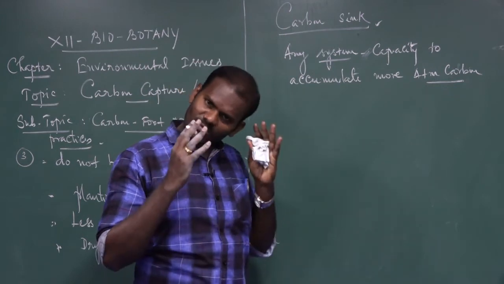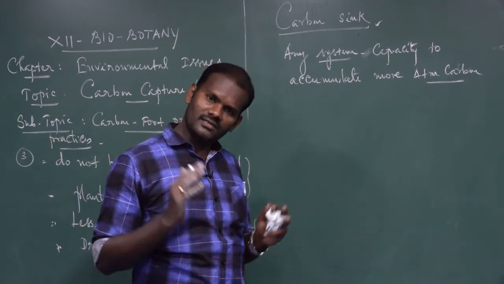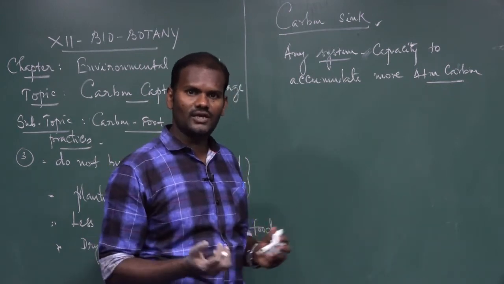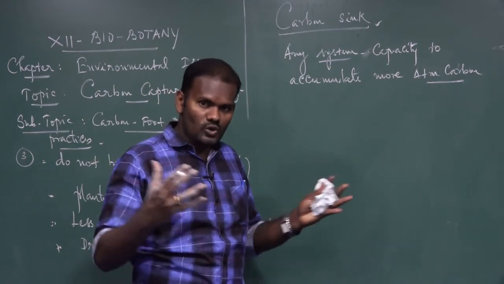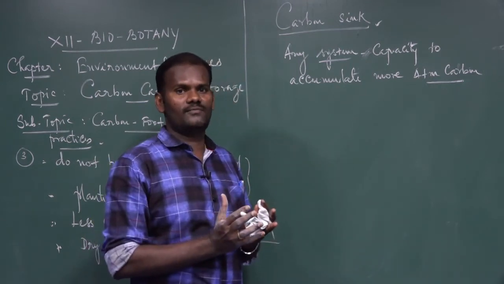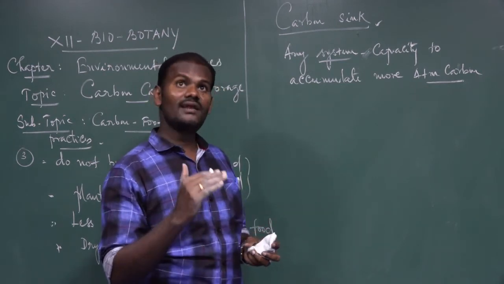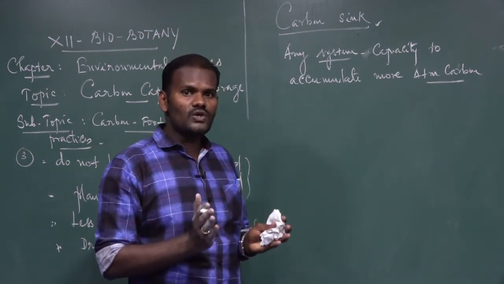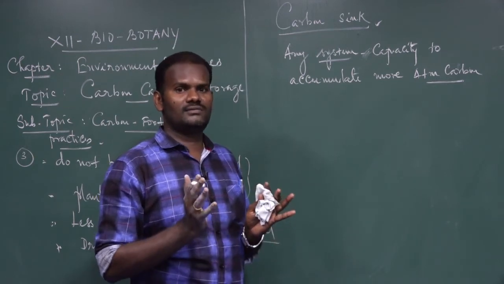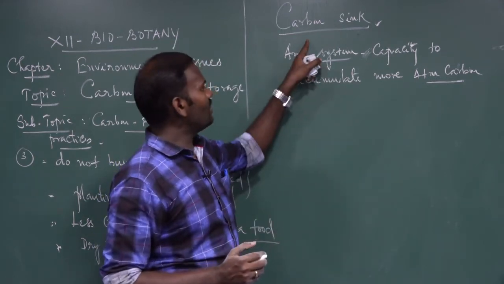Any system, either naturally or artificially, that has the capacity to accumulate, to store more of the atmospheric carbon instead of releasing it into the atmosphere in a particular time or particular set of time, is called a carbon sink.